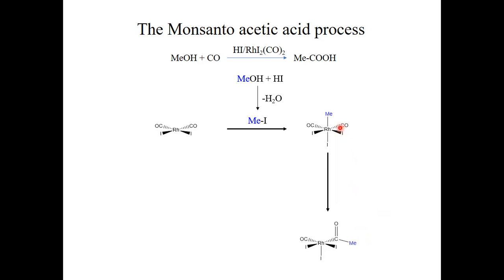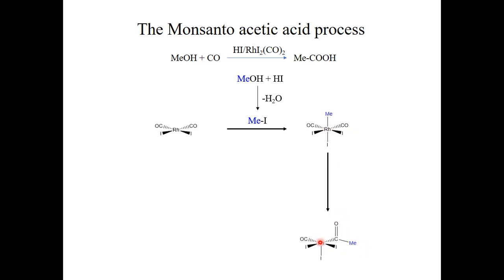So we have here this neutral carbonyl in cis position relative to the methyl group. The CO unit inserts in between the rhodium and the methyl group, and this gives this acetyl group here. Now you see that this creates a vacant site.